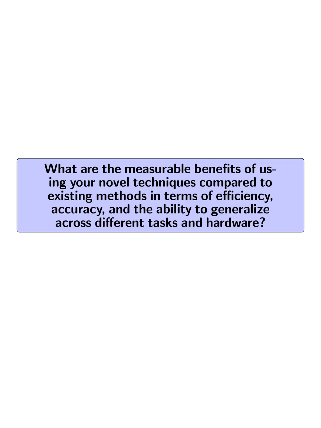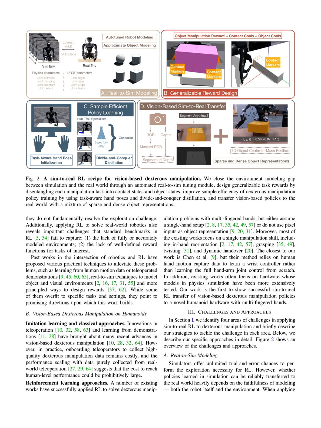What are the measurable benefits of using your novel techniques, compared to existing methods, in terms of efficiency, accuracy, and the ability to generalize across different tasks and hardware? The novel techniques introduced in our work significantly enhance efficiency, accuracy, and generalization in vision-based dexterous manipulation tasks.